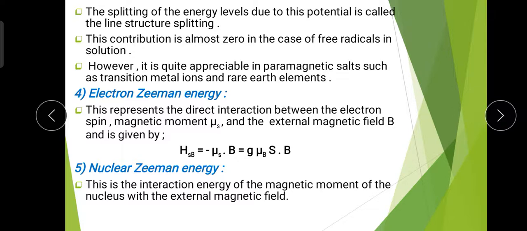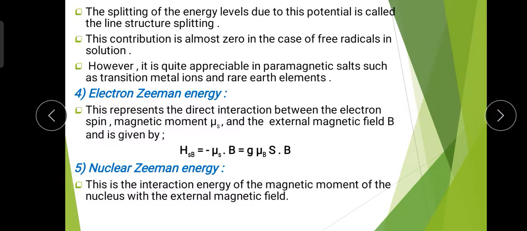But if we consider a solution with free radicals, then it is almost equal to zero. But it is important, as it contributes to the total Hamiltonian of the ESR spectra. So this is a very important interaction which contributes to the energy.